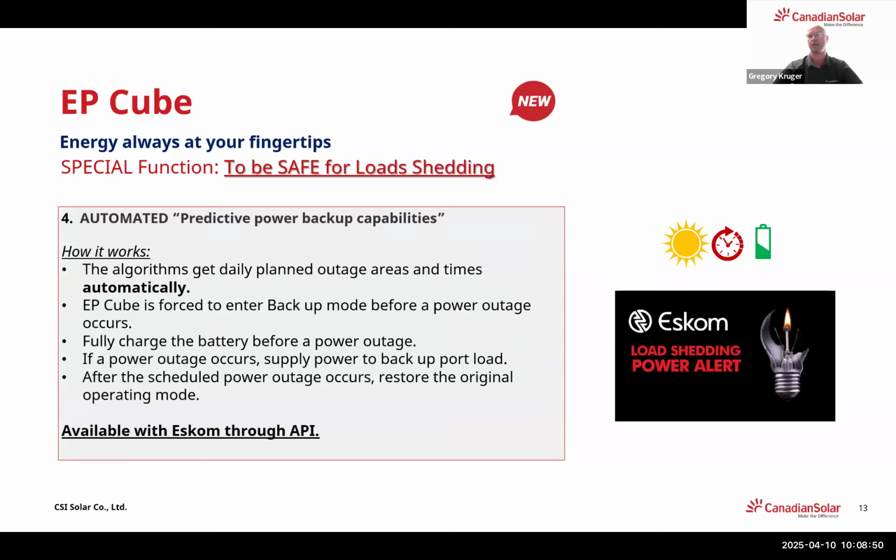So when there's any load shedding or any power outages, you will have a full battery capacity to power your loads. When Eskom is returned, or the grid is back to the inverter again, then the system will revert back to its original setting. One thing I have to point out: for this setting to work, you must have internet connectivity with your inverter.